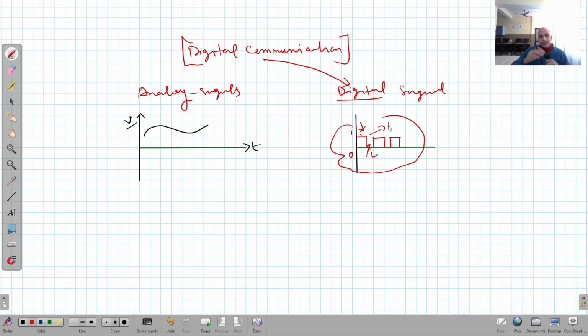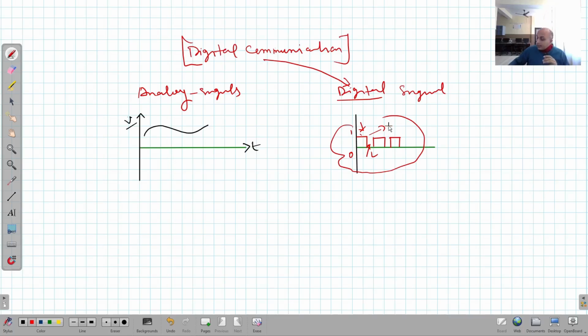But in case of a digital signal, we will have only two levels, either 0 or 1, right? Here 0 and 1 represent the binary digits, but in case of electronics, we can say 0 stands for 0 volt, 1 stands for plus 12 volt, plus 6 volt, we can say. So this is the difference between an analog signal and a digital signal.